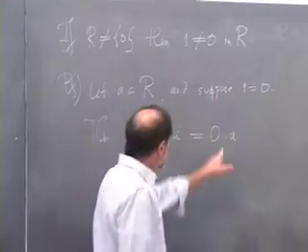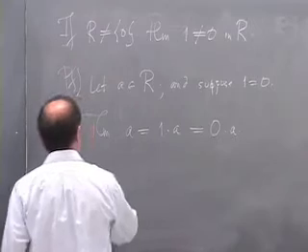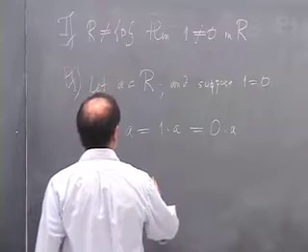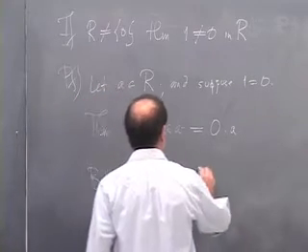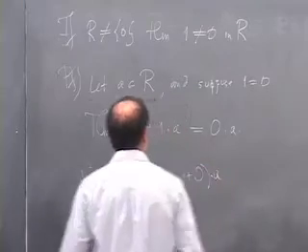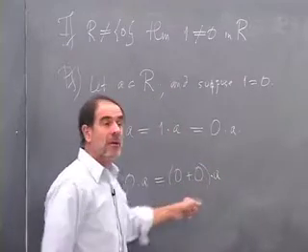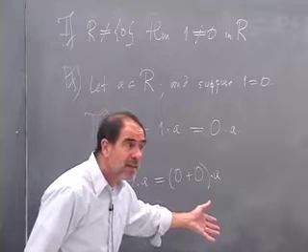Now, I claim that 0 times A is equal to 0 plus 0 times A, because 0 is the sum of 0 and itself. It's an additive identity in the group.